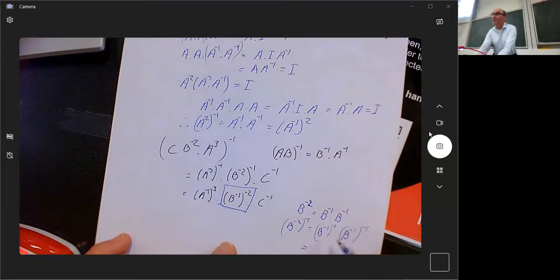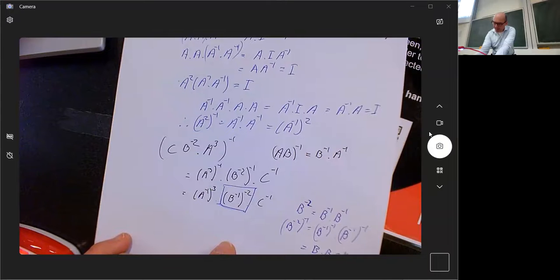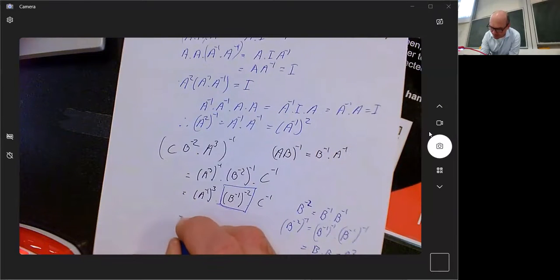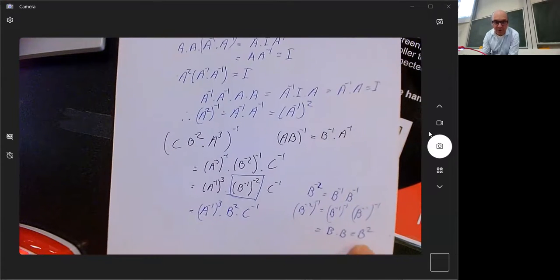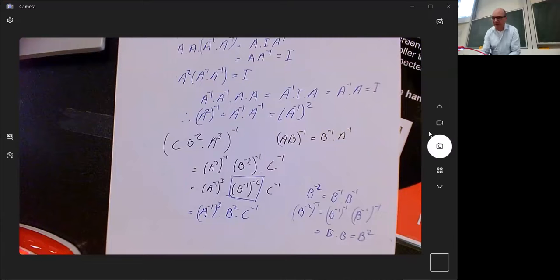And my rule says that B inverse inverse is just B. It's like I'm multiplying. With normal indice laws, I'd be multiplying the powers. It's actually saying the same thing works. Okay, so we've got A minus 1 cubed times B squared times C inverse. And so this would be the correct answer for this question.